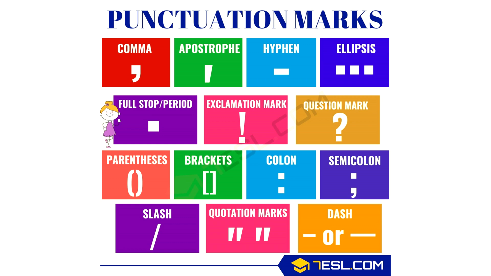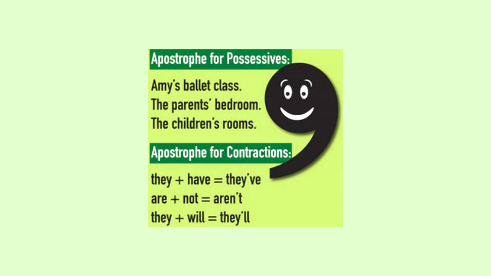Okay, students? First we can see apostrophe. What is apostrophe? A mark used to indicate the omission of letters or figures in a contraction. We can see some examples.